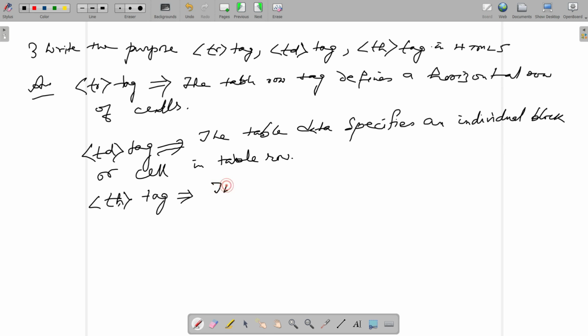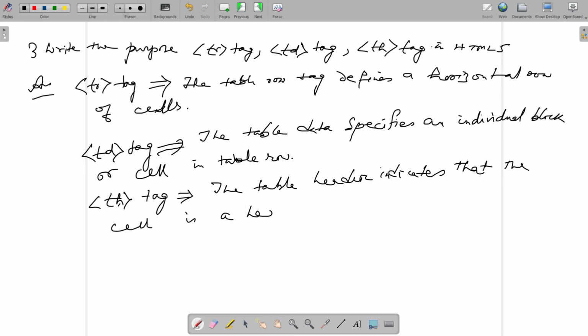The table header indicates that the cell is a header, a header for a column or row. This is the TH tag.